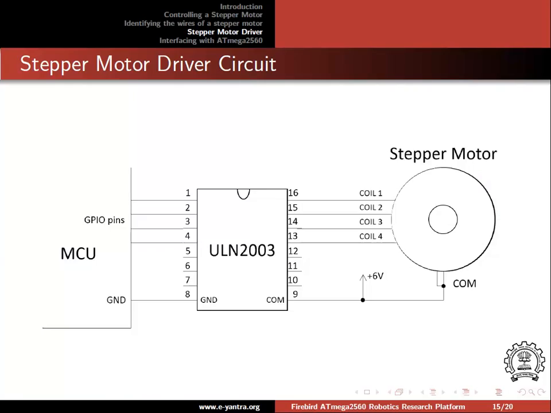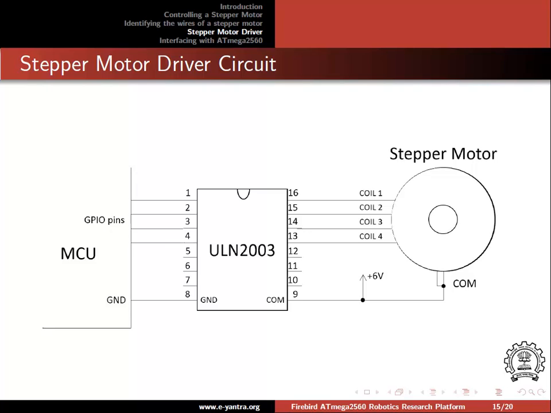This is a circuit diagram for the stepper motor driver. The ULN2003 is a transistor array package of 7 transistors that are capable of switching 500 milliamperes of current per transistor. The pins 1 to 7 are the inputs to the transistors, while the pins 16 to 10 are the corresponding open collector outputs.